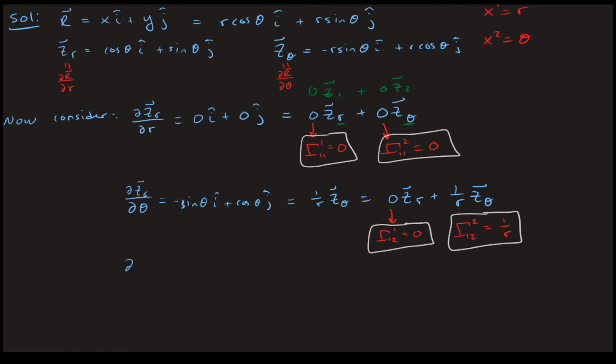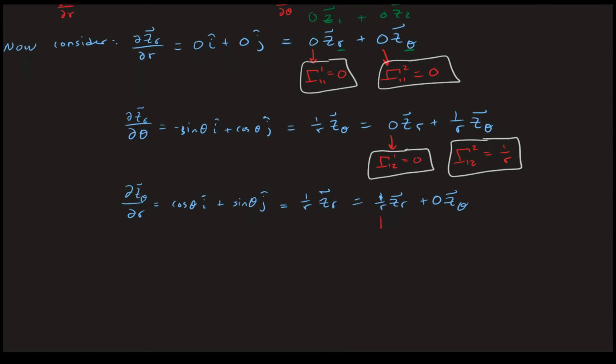So partial z theta, partial r is going to be cosine theta i plus sine theta j, which is going to be 1 over r z sub r, which is 1 over r z r plus 0 z theta. And we get our next two Christoffel symbols. Gamma 2, 1, 1 is 1 over r, and gamma 2, 1, 2 is 0.